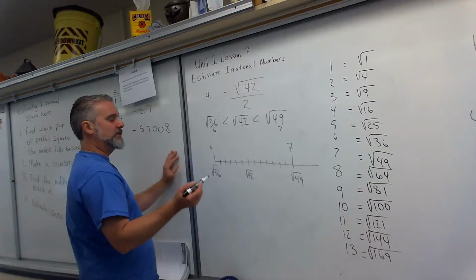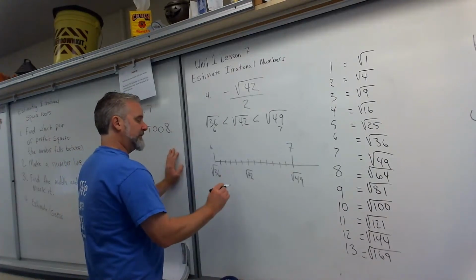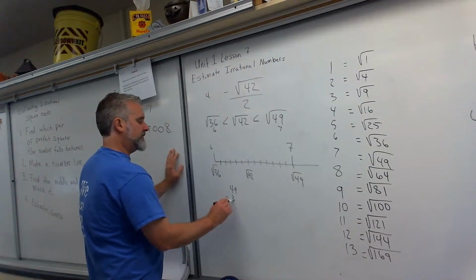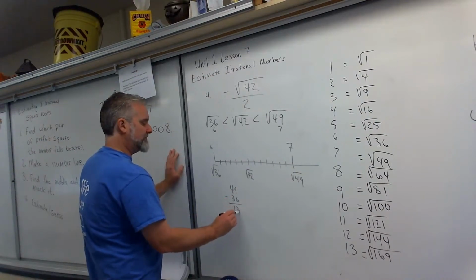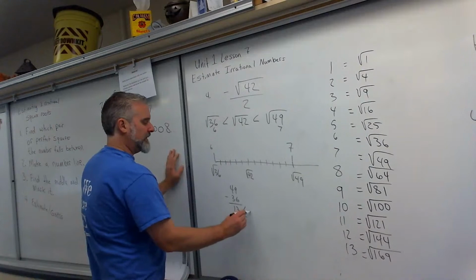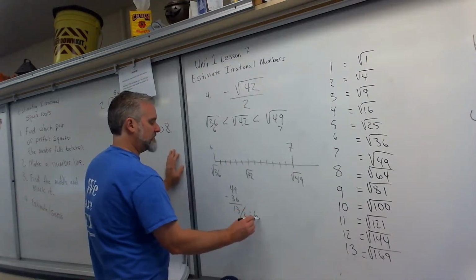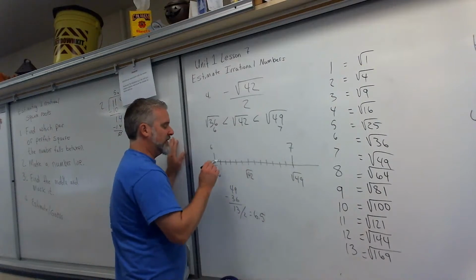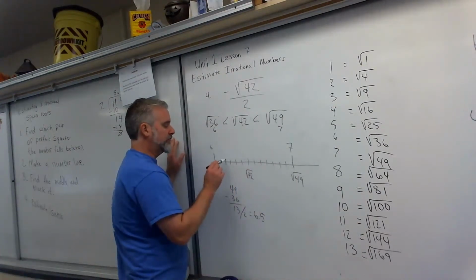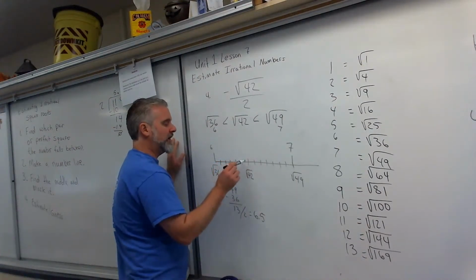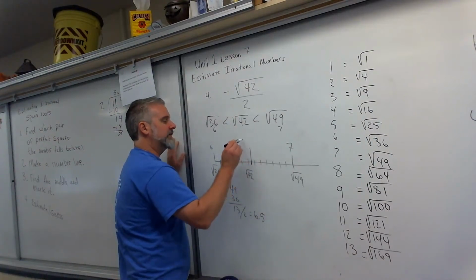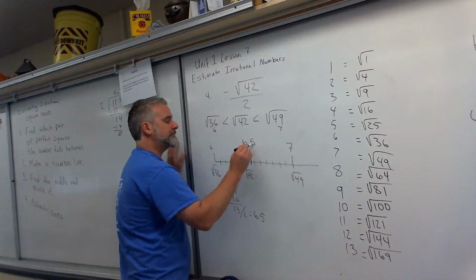All right, so now going back, we had a difference of 13. So 49, again, take away 36 was 13. Divide by 2, and we got 6.5. And this is what we're using to find our midway point between 6 and 7. So 1, 2, 3, 4, 5, 6.5. Puts us right here, 6.5.